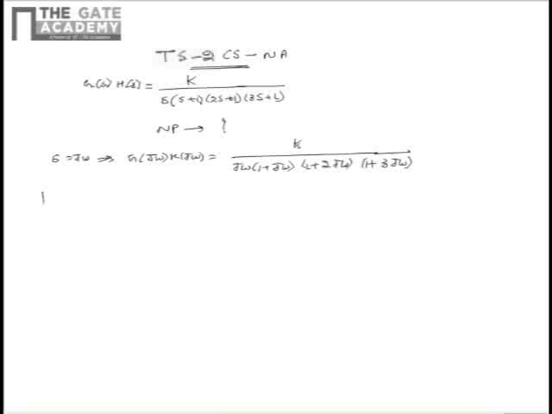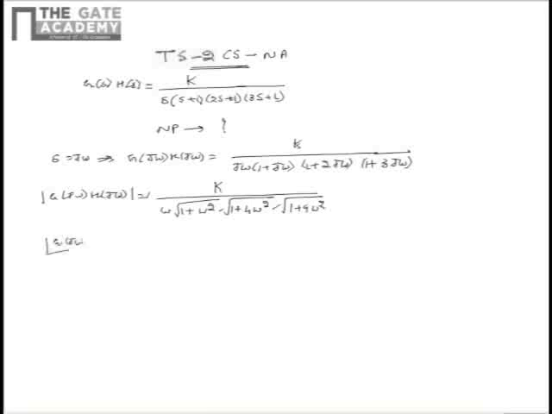So from this we can write that the magnitude of G(jω)H(jω) is equal to K / [ω √(1+ω²) √(1+4ω²) √(1+9ω²)].